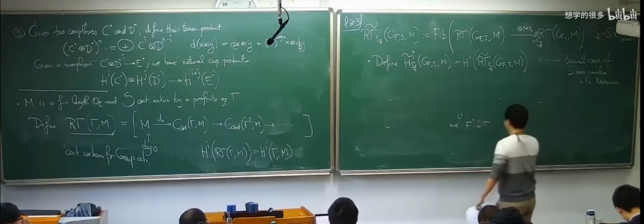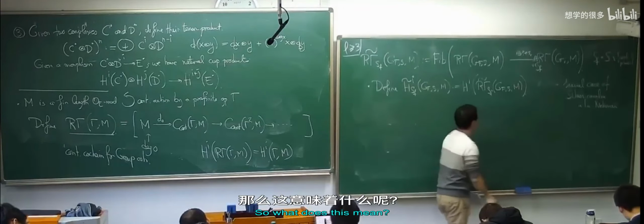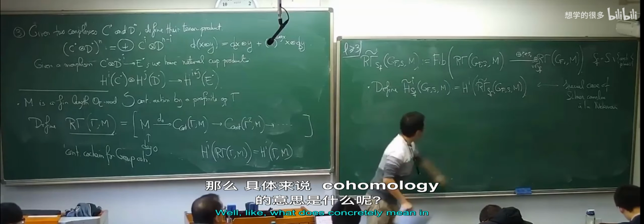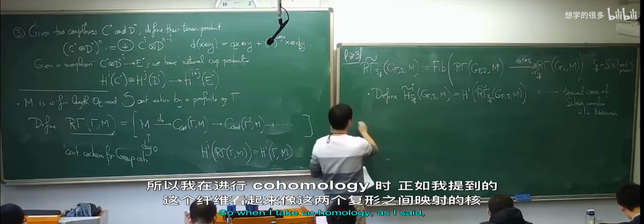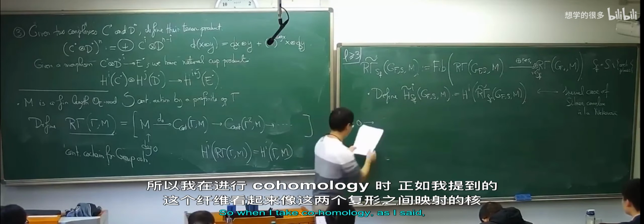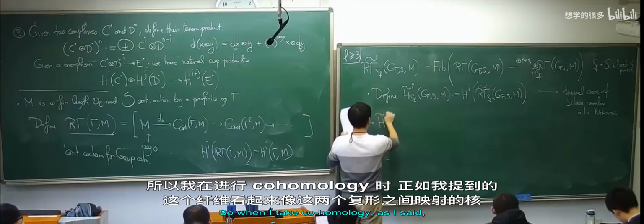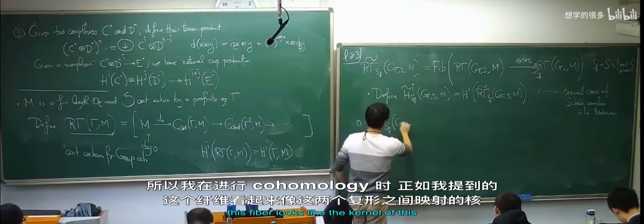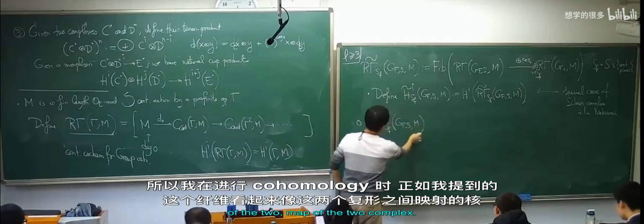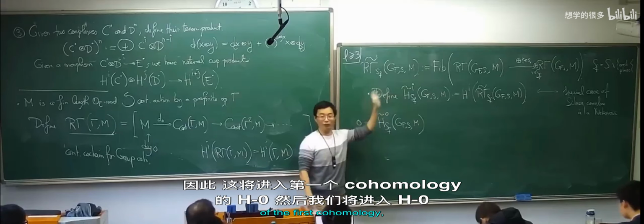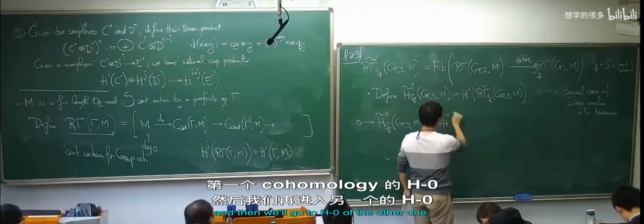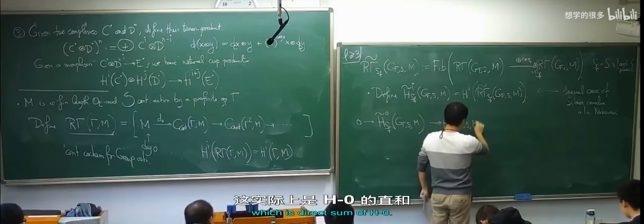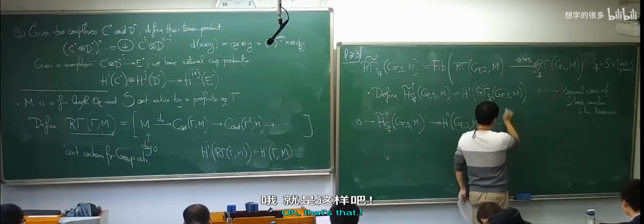Okay, so we have this. So what does this mean? Or like, what does it concretely mean in terms of cohomology? It means the following. When I take cohomology, as I said, this fiber looks like the kernel of the map of the two complexes. So this will go to H0 of the first cohomology, and then we'll go to H0 of the other one, which is the direct sum of H0s over S_F.